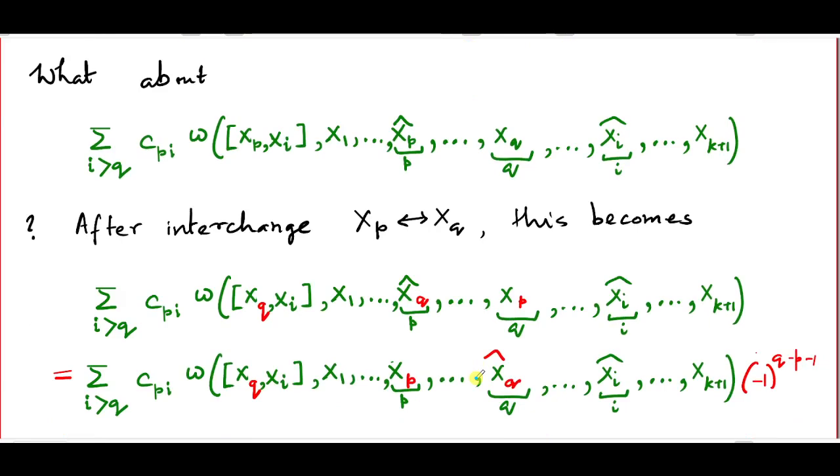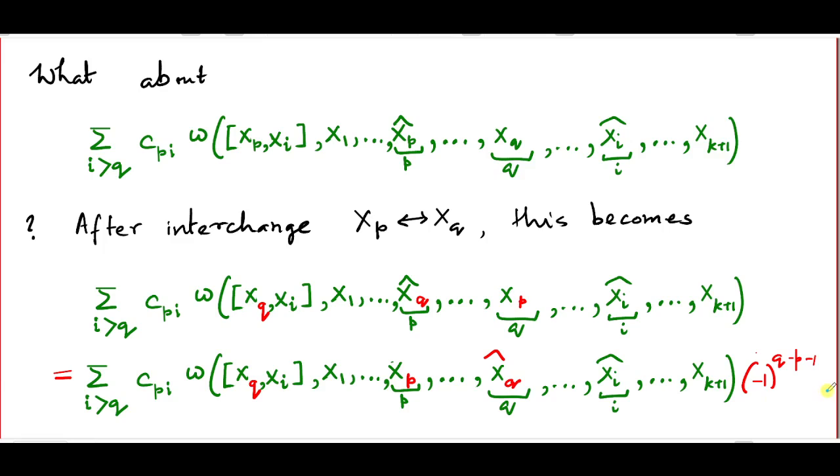Once again, in the original slot, the major change that has happened is that the p and q, p here after the interchange is sitting in the qth slot, but in the original term it was actually sitting in the pth slot. And you must have got the gist by now. You have to interchange q minus p minus 1 vector fields to get from here to here.